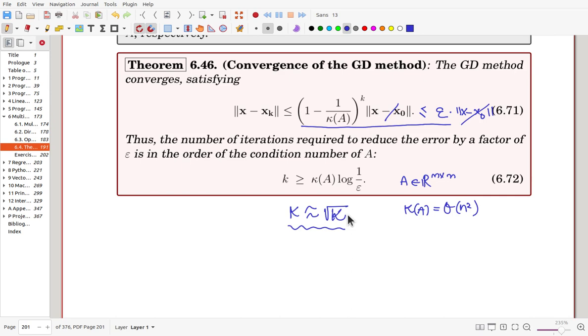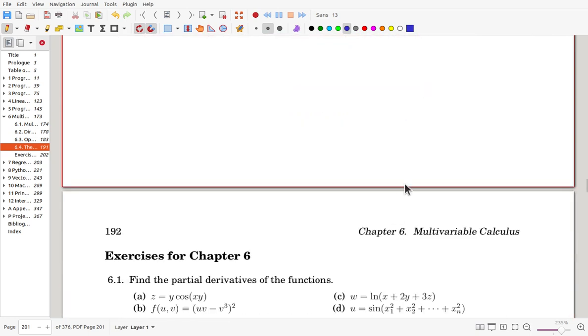And once you choose the step length nicely, then you can get quite good convergence, along with partial updates. So practically, people are using the stochastic gradient descent method for machine learning algorithms. Okay, that's the end of the section and the end of the chapter. Thank you.